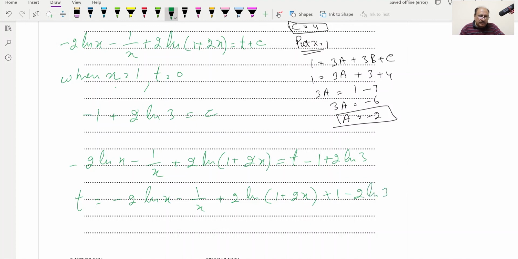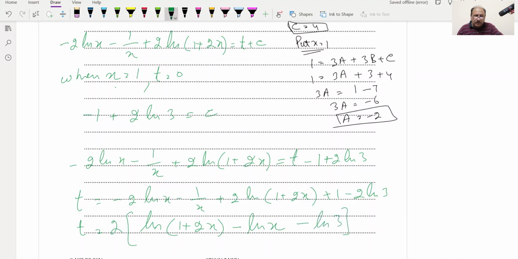And further we can take 2 common from this one and this one and this one, so from 3 terms we can take 2 common. Inside will be log of, I'm writing this term first, 1 plus 2x, and further we can write minus log x, which is this term, and next will be minus this one, log 3, so 2 is gone out.